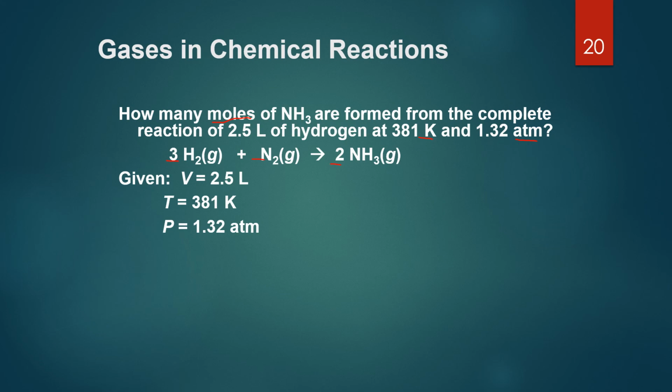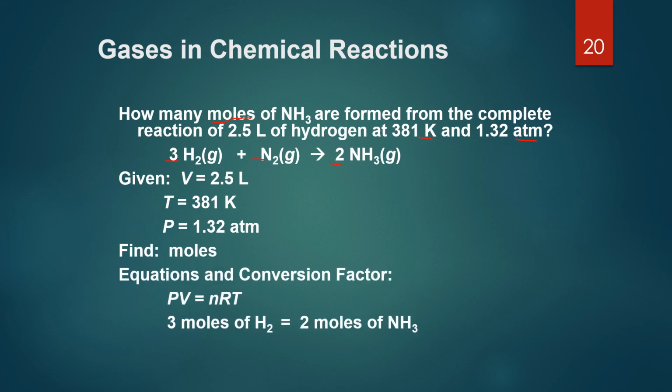In order to do that, we're going to use the ideal gas law and rearrange it to solve for moles. So here are my conversion factors. My first equation is the ideal gas law. We're going to rearrange it to solve for n.